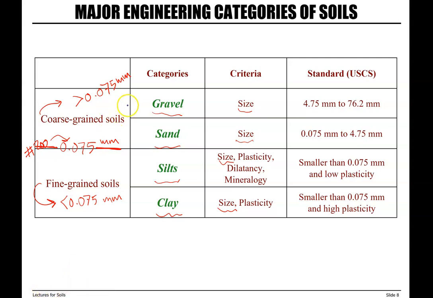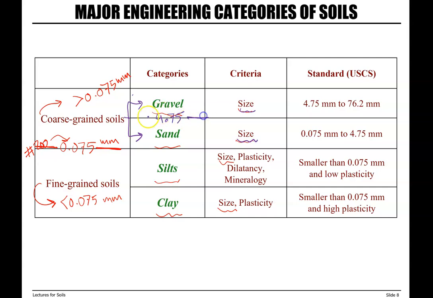Then for coarse grained soil, again, based on size, we can divide coarse grained soil into 2 categories. It can be gravel or sand.